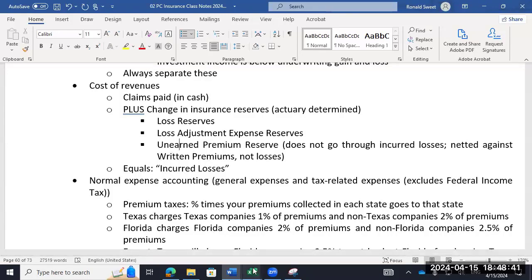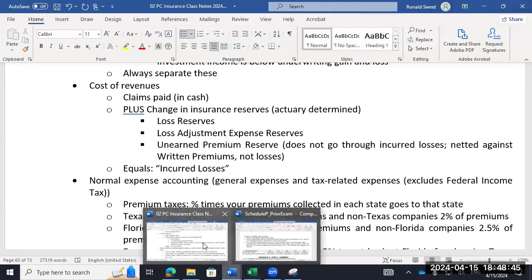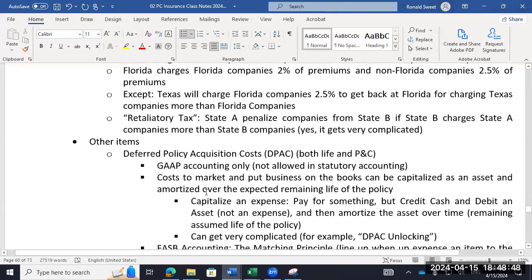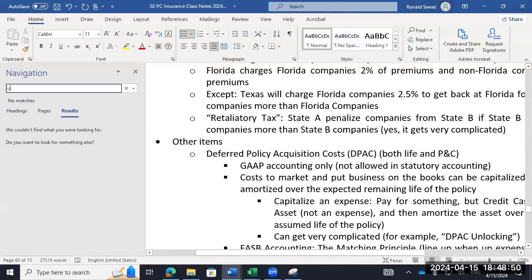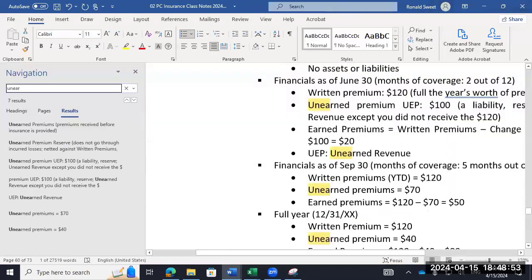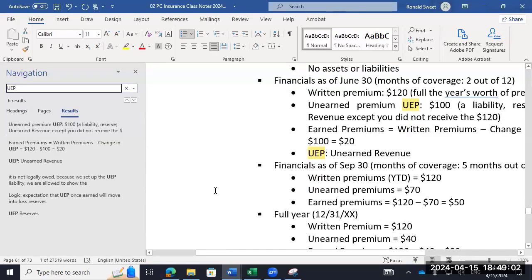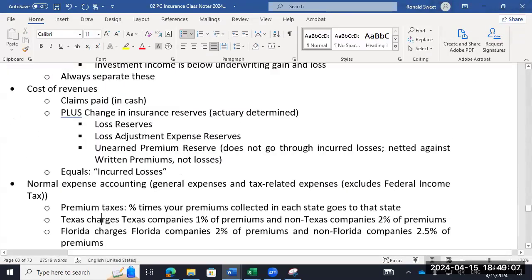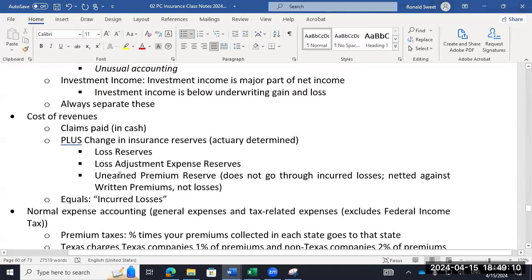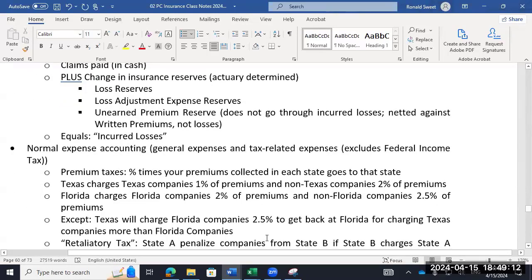Essentially what they mean by unearned premiums is, let me find that. Yeah, all right, I'll just show you in Allstate.